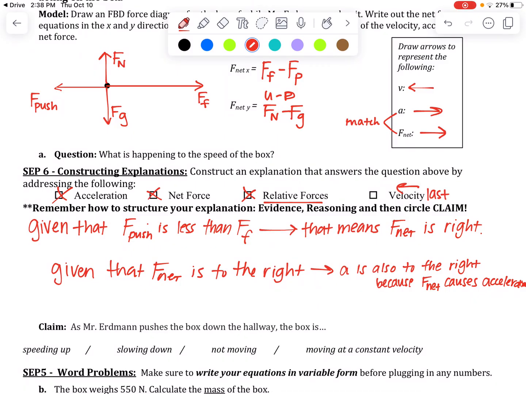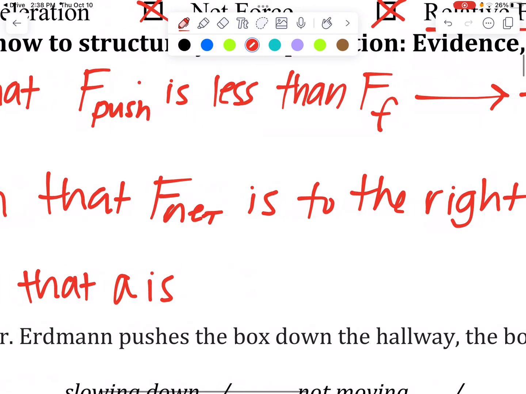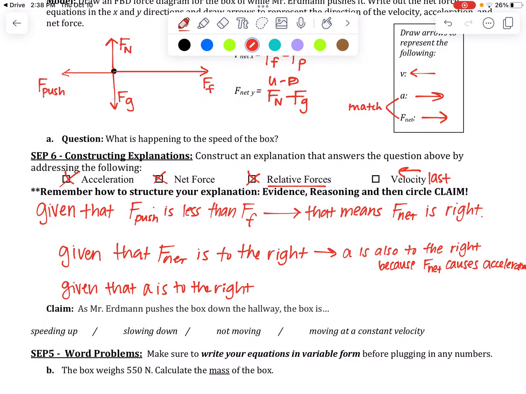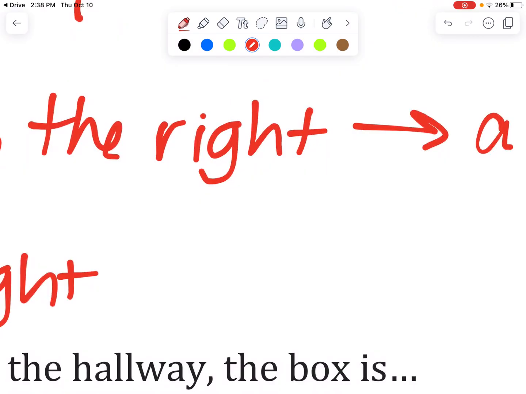So now I'm going to try to get to what's happening to speed. So given that accel is to the right, and I'm trying to answer what's happening to the speed, I need to know the direction of the velocity too. This is physics concept number 3 on page 3 of your packet.